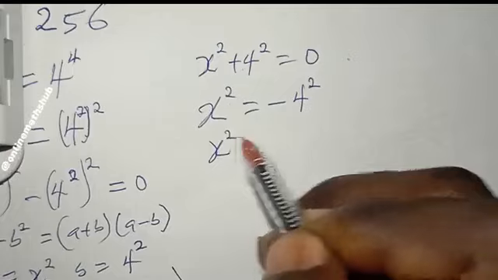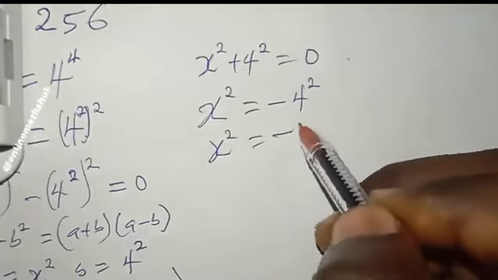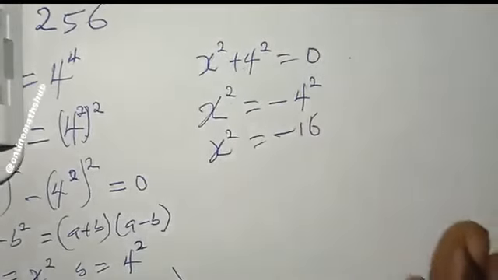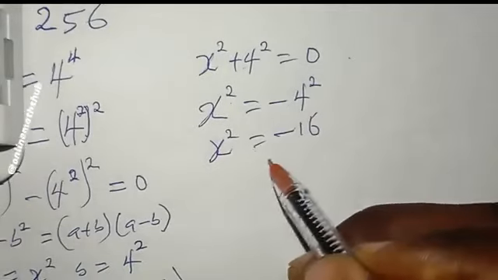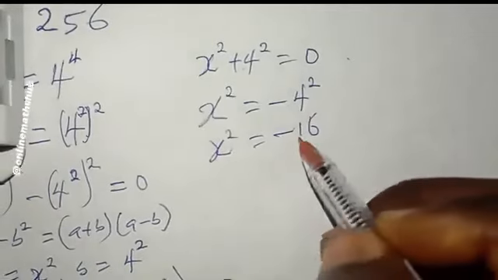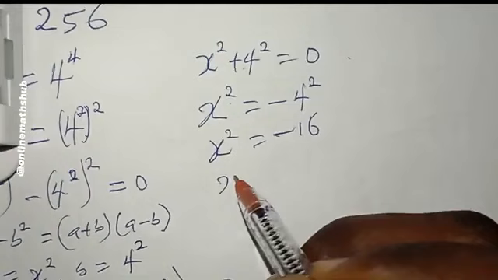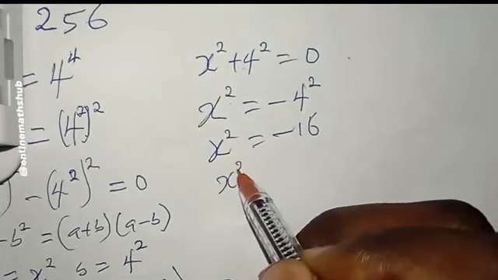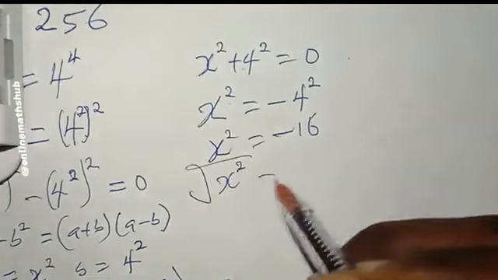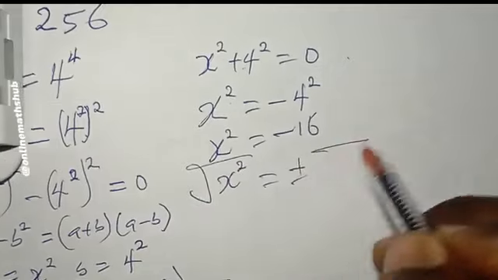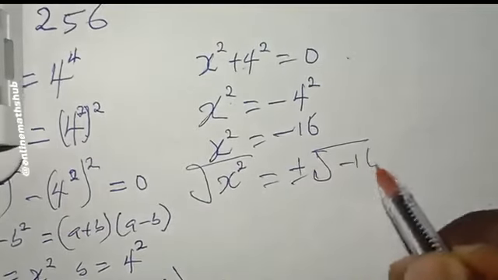I can also write this as negative 16, since 4 squared is 16. And then I can go ahead to take the square root of both sides, and that will give me plus or minus the square root of negative 16.